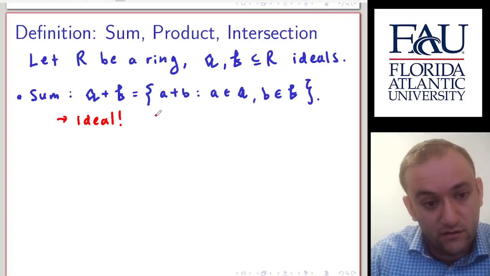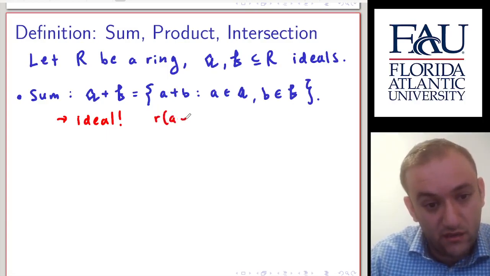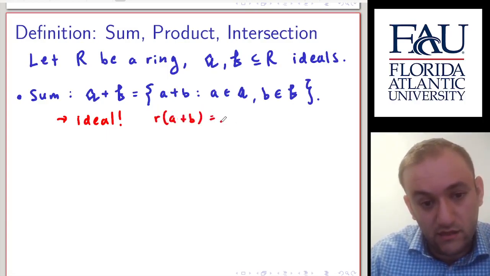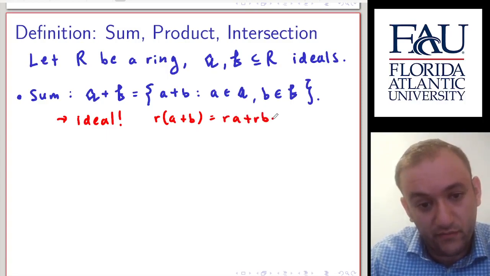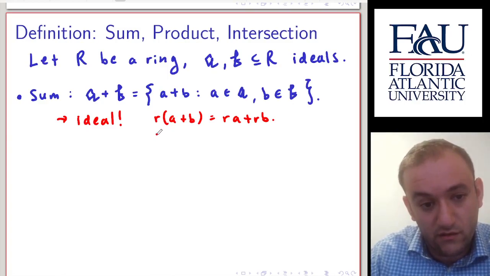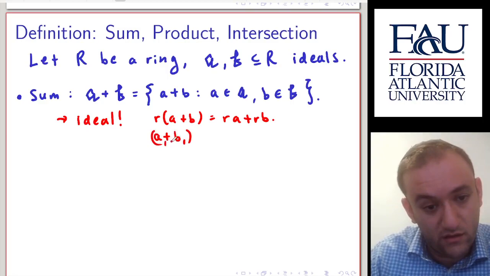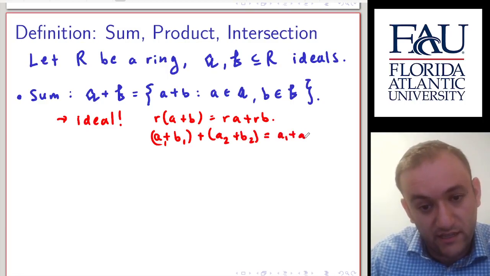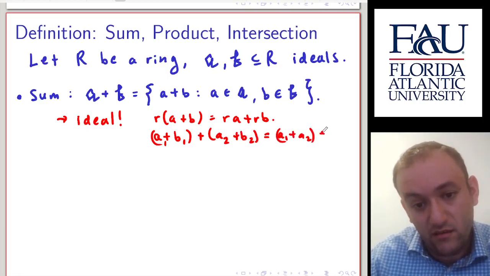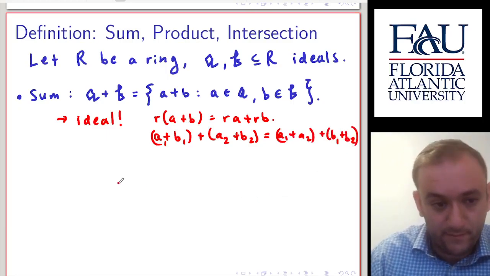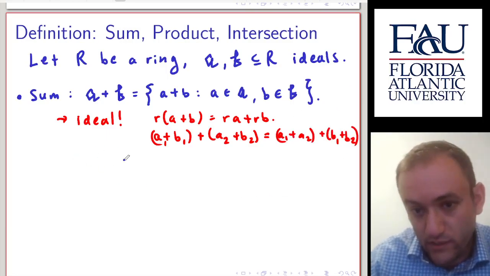So R times (A plus B) is equal to RA plus RB. As for the closure as a subgroup, if you have a1 plus b1 plus a2 plus b2, that's obviously a1 plus a2, which is in A, plus b1 plus b2. Okay, so that works as an ideal.